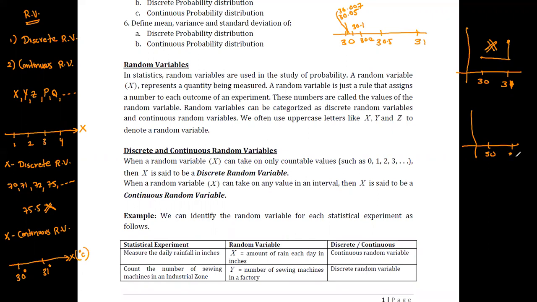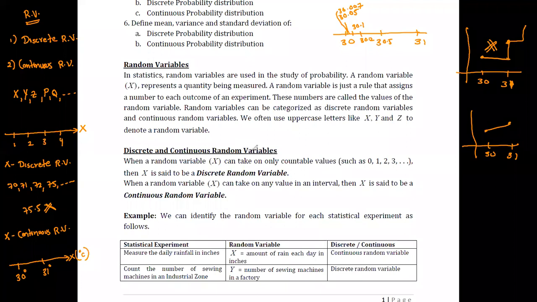Therefore, if this is 30 and 31, the points are connected with a sloping line. But if it is discrete, then up to this point it is constant, and then it only jumps upward or downward. That is how we can distinguish between discrete and continuous random variables.